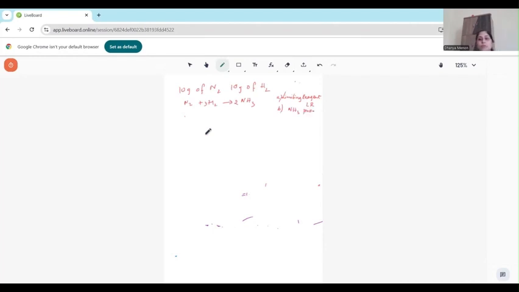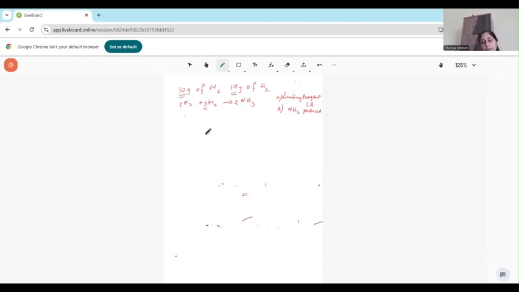Now, students, you see 10 grams of nitrogen is reacting with 10 grams of hydrogen. Both are equal. But from the balancing numbers, 1 mole of nitrogen is reacting with 3 moles of hydrogen. It needs 3 times the moles of hydrogen.